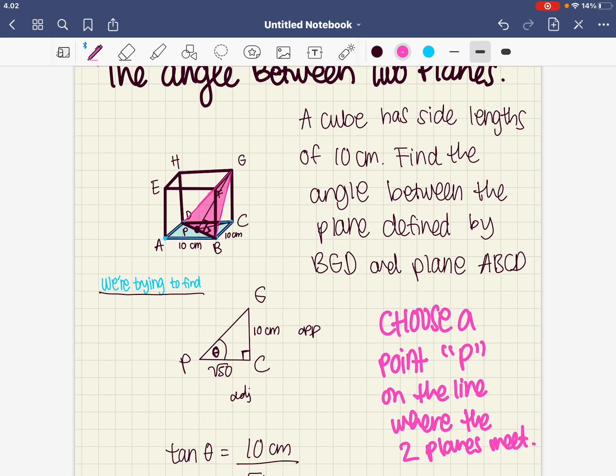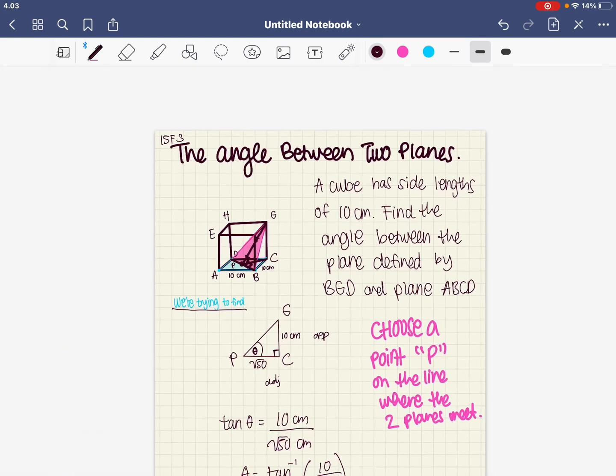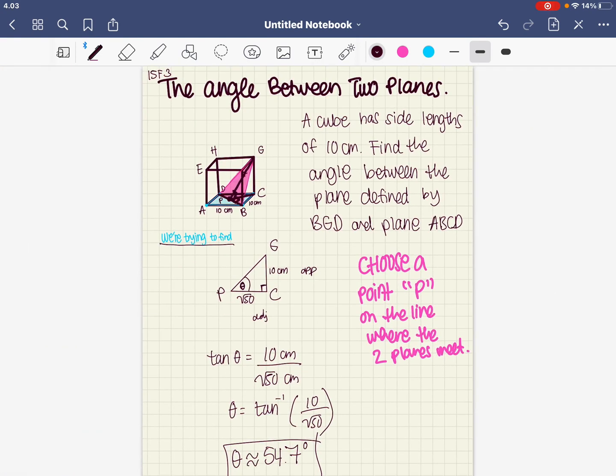And that point is where those two planes meet. And then, do y'all see this here? It creates a right angle, and this here is also creating a right angle, right? So when you've met those conditions, then you can find the angle between those planes.